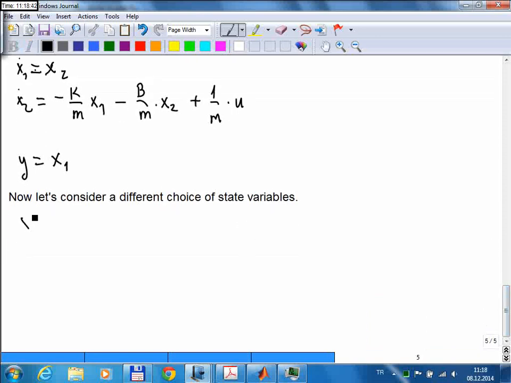Let's this time choose u is still the same. It's the input force. And now let me choose x1 as y plus y dot and x2 as b times y dot.